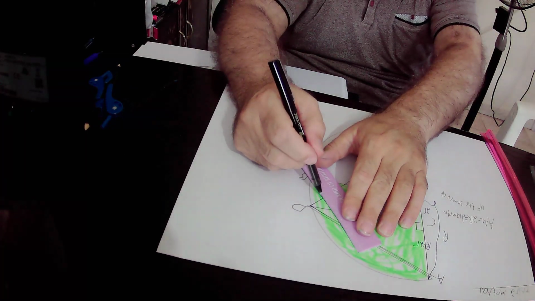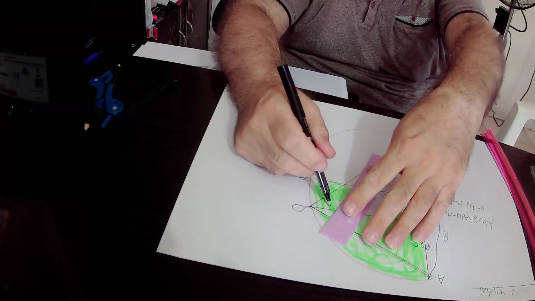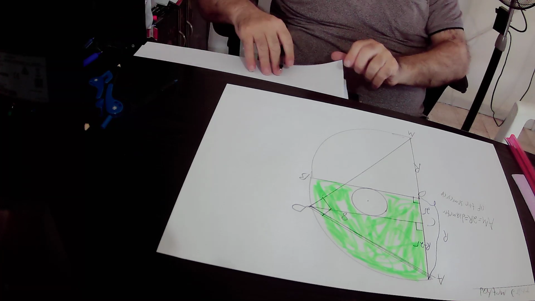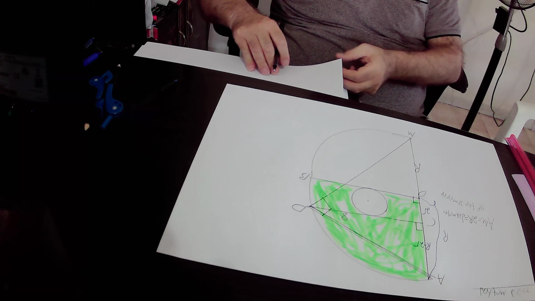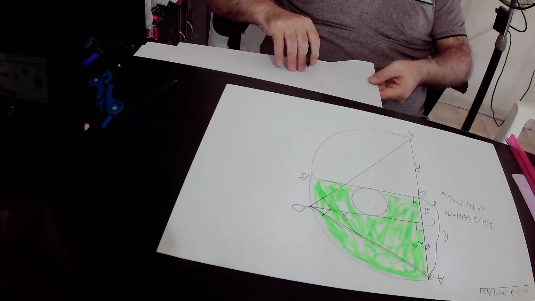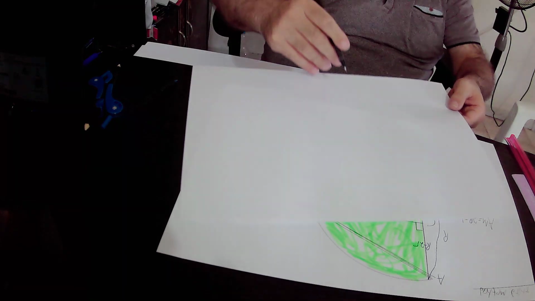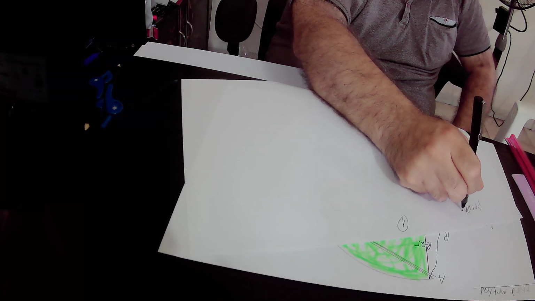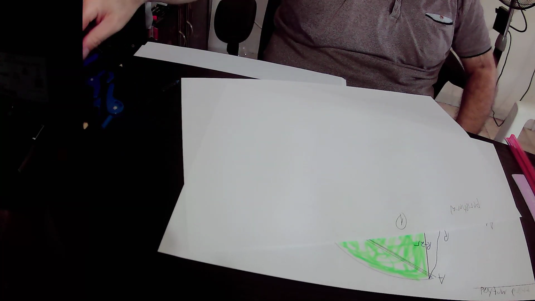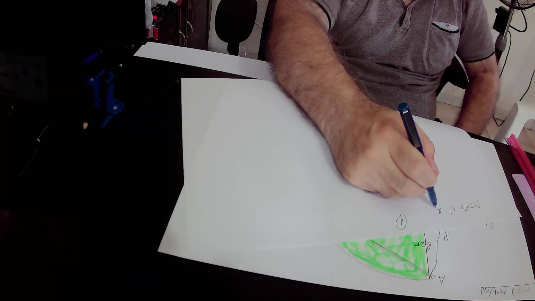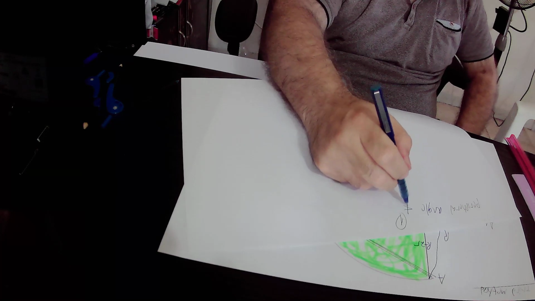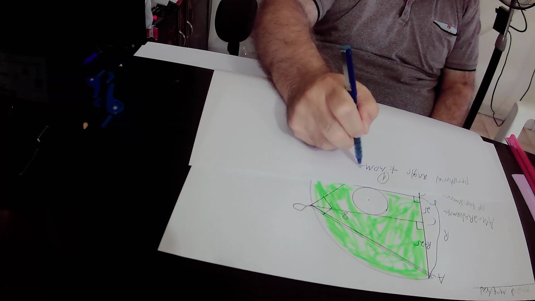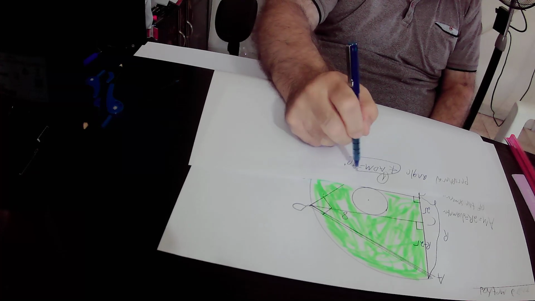This angle equals 90 degrees because it rests on the diameter of the circle.